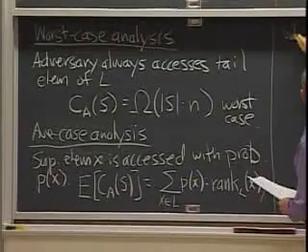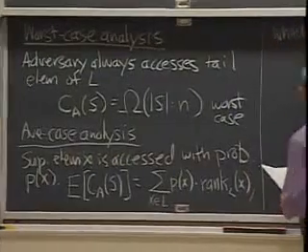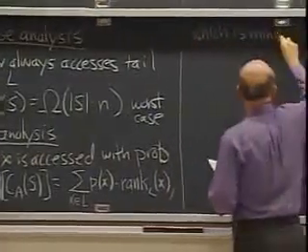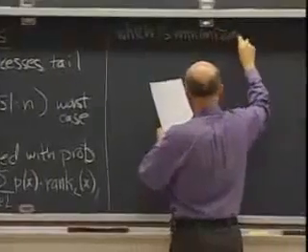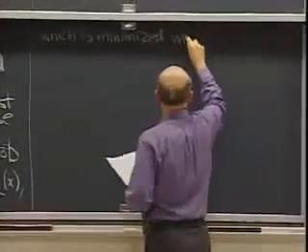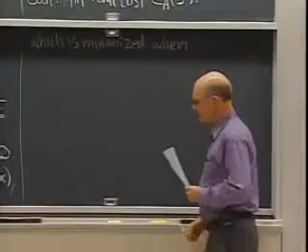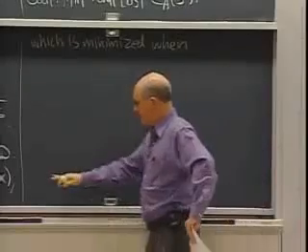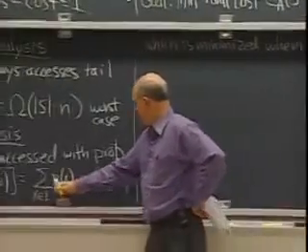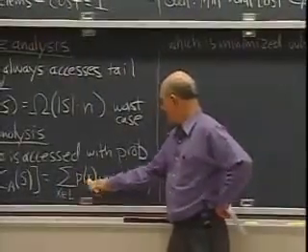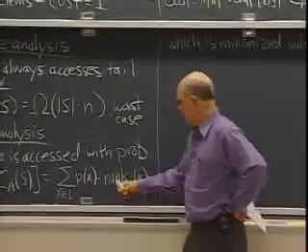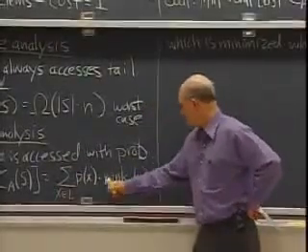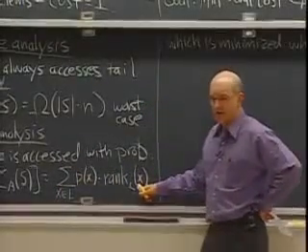And this is minimized when? So this is just the definition of expectations. The probability that I access x times the cost, summed over all the elements. And the cost is just going to be its position in the list.